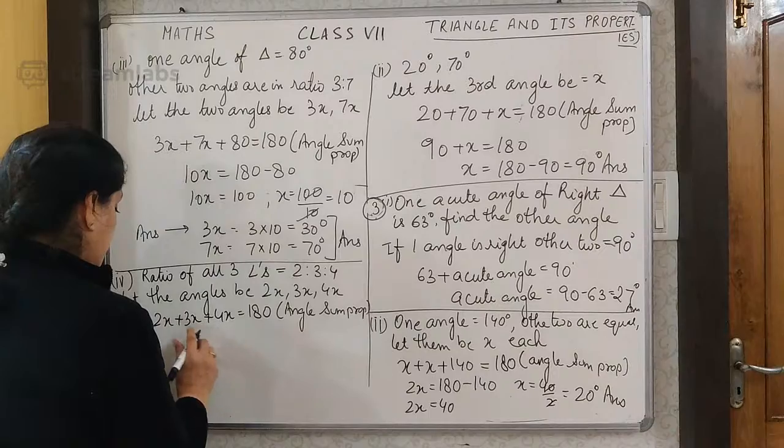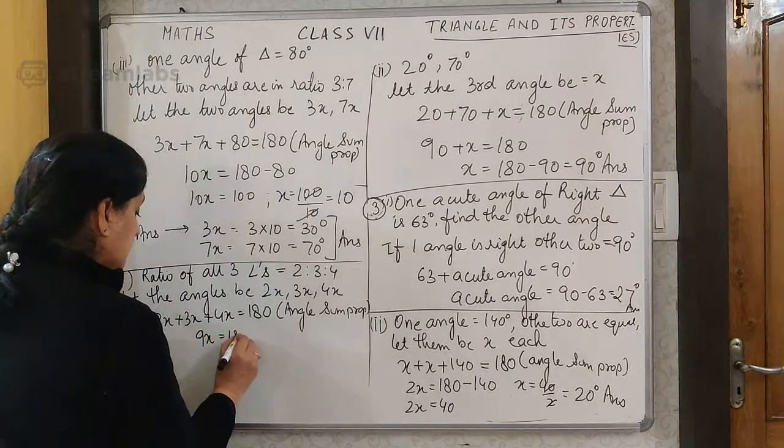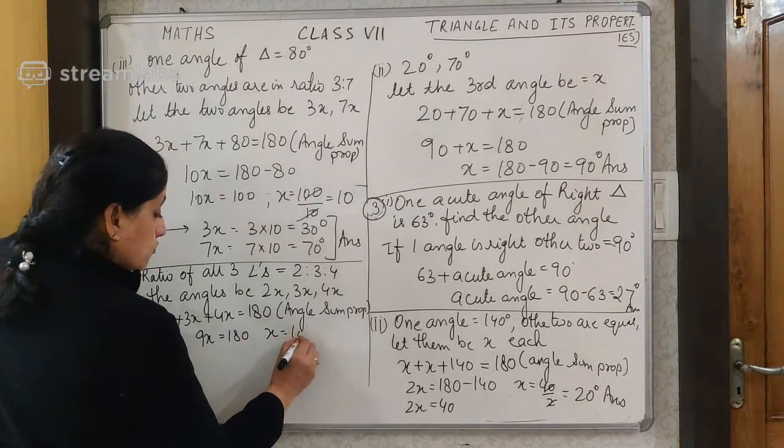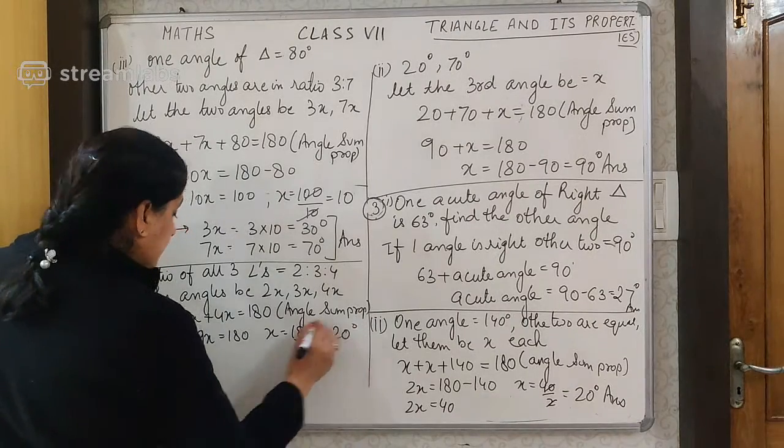Okay. I get here 9x is equal to 180. x is equal to 180 upon 9, which is 20 degrees.